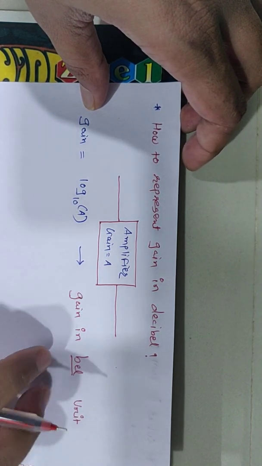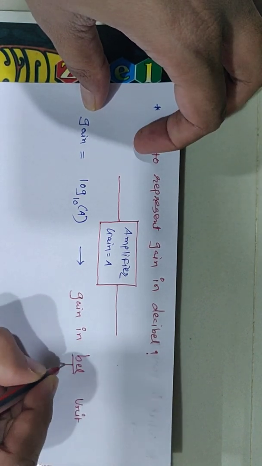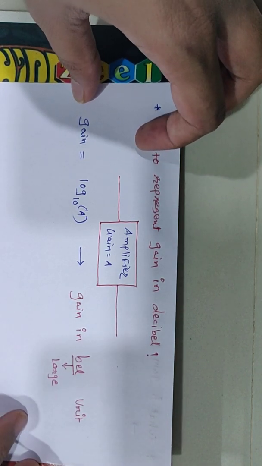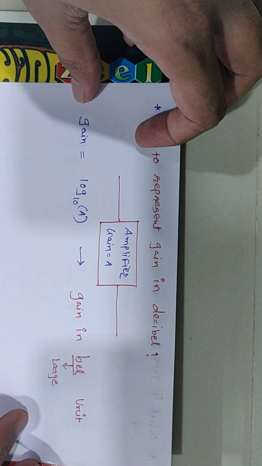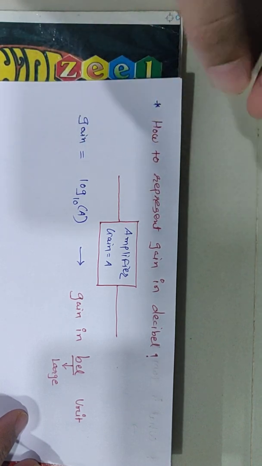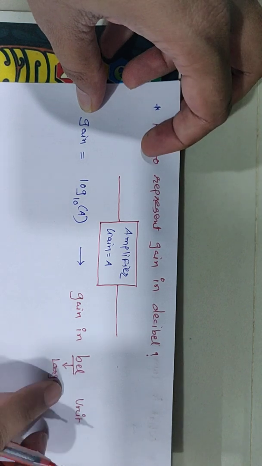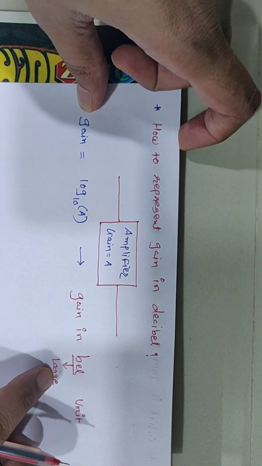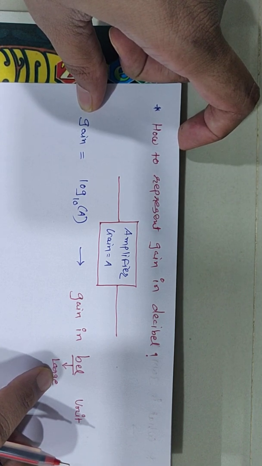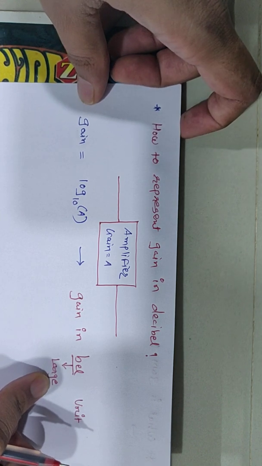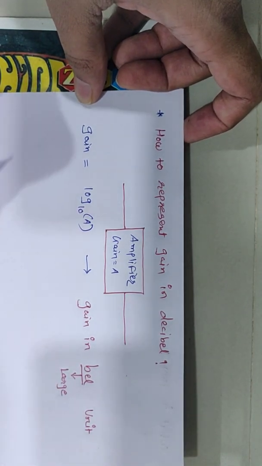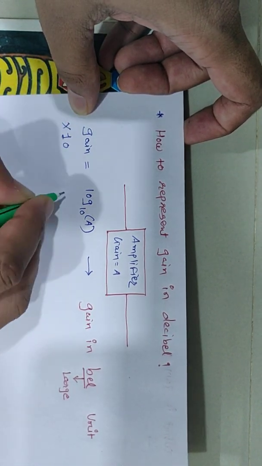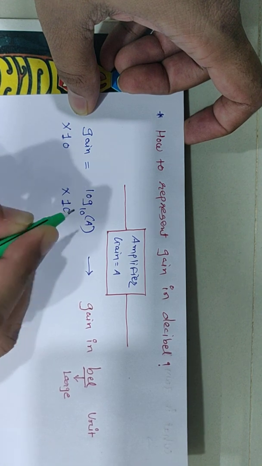Okay, now this bel is a very large unit. So when we are writing a gain of particular device or amplifier, if we represent it in bel, then it is very large, so we will get the answer as 0.1, 0.002 or something like this. So what we have done, we have multiplied this side by 10 and also this side by 10.